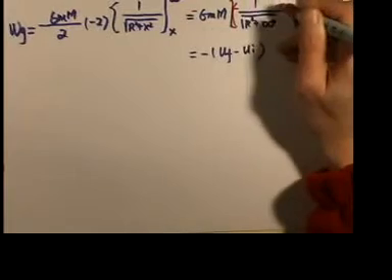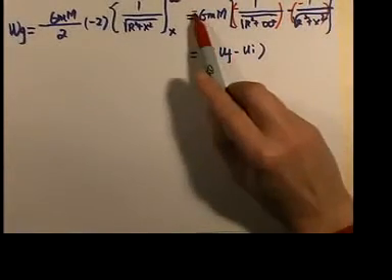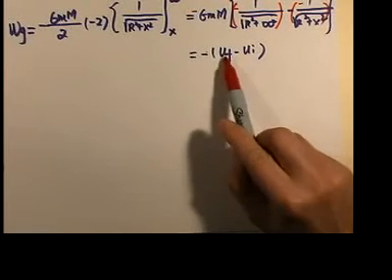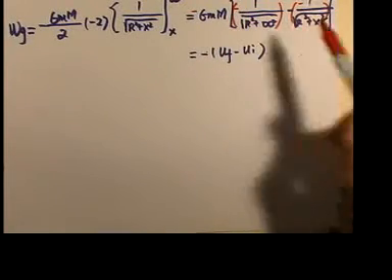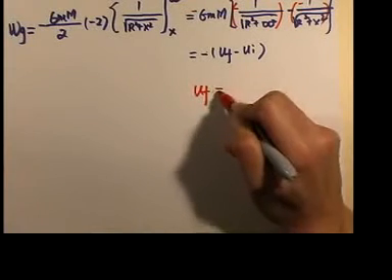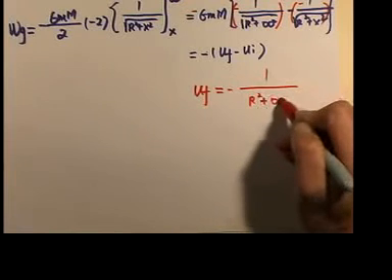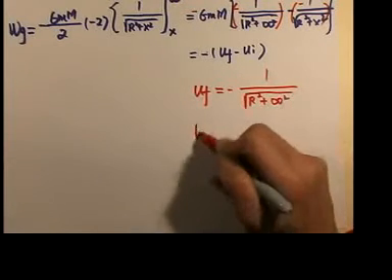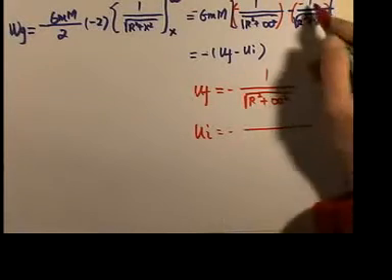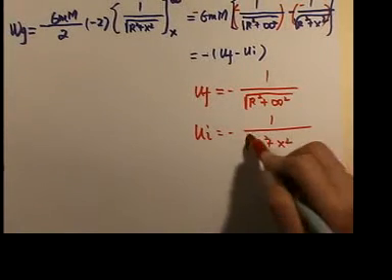Negative, negative. Final is this, minus initial. This tells us U final is negative over the square root of r squared plus infinity squared. U initial is negative over the square root of r squared plus x squared.